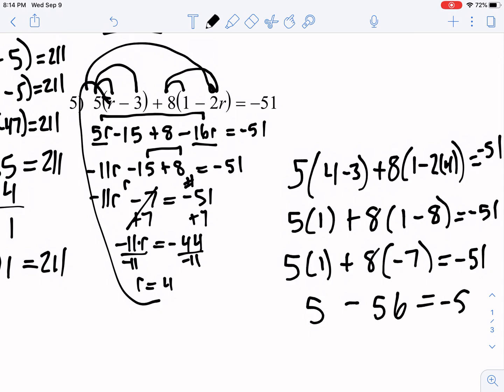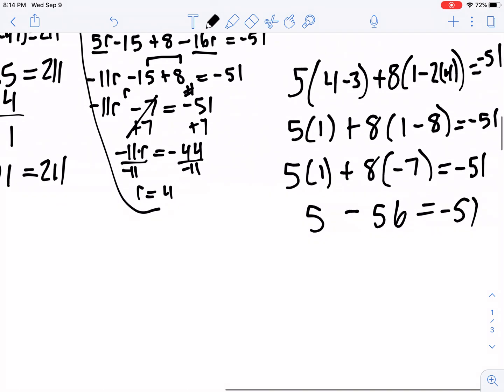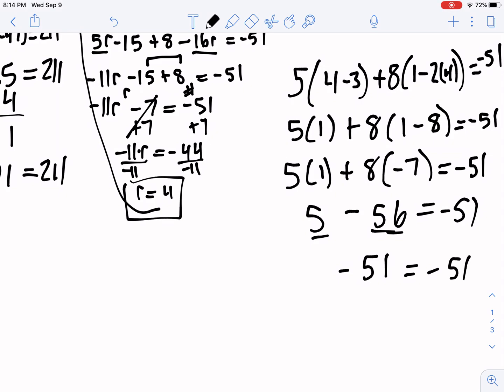Okay. So now, again, looking at these, we have different signs, addition, subtraction, left to right. What do I do with different signs? Subtract. 56 minus 5 is 51. Is 5 bigger or 56? 56, and it's negative, so I get negative 51. Is that what we wanted? Yeah. So my answer is r equals 4.